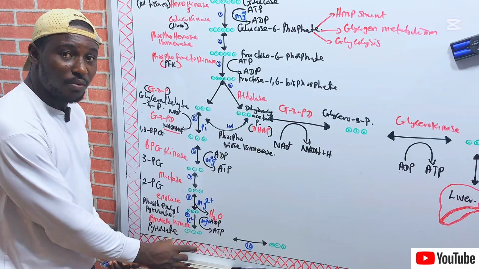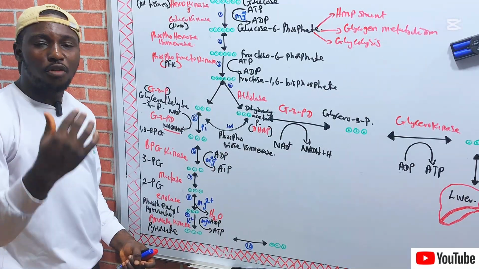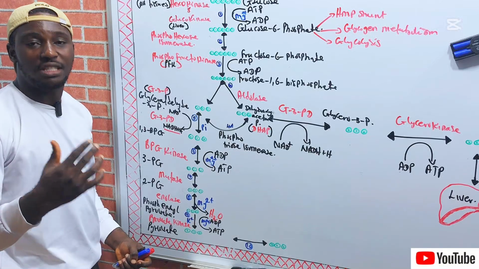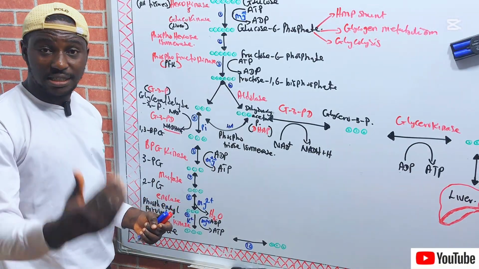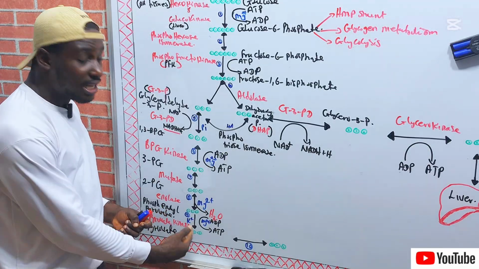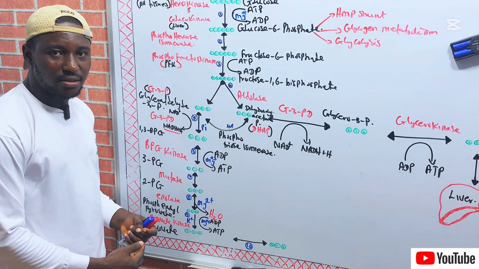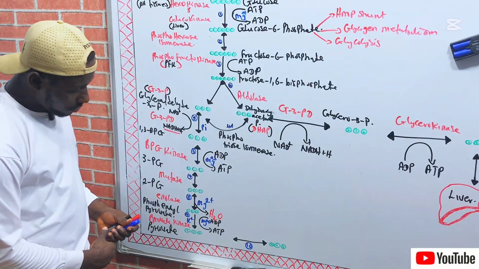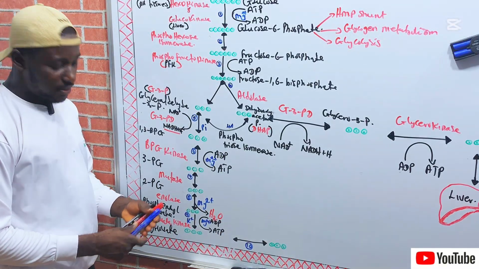Those are the key enzymes which circumvent the key step of glycolysis, particularly step 9, right? Now, pyruvate will be reduced to lactate.